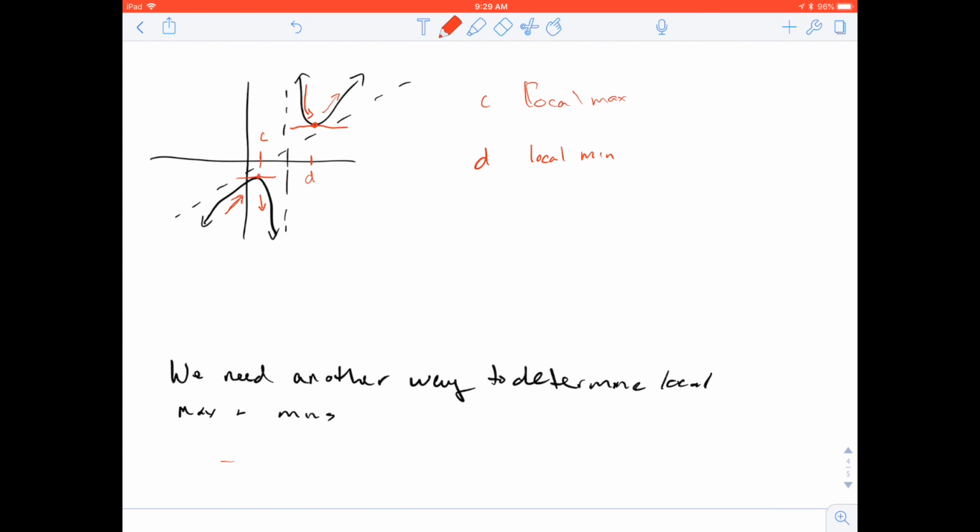So what we're actually going to need to look at is where our function is increasing and decreasing. That will tell us where we have local maxes and local mins. And that will have to wait for its own video. I hope you found this helpful, and I will see you in class.